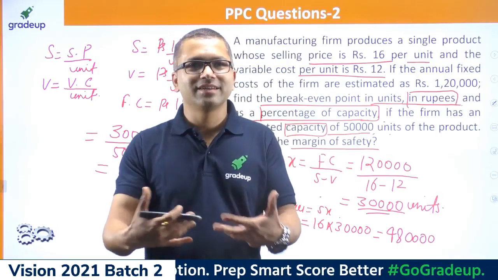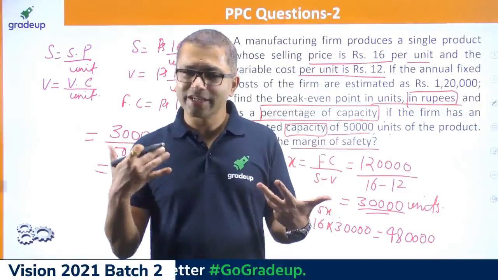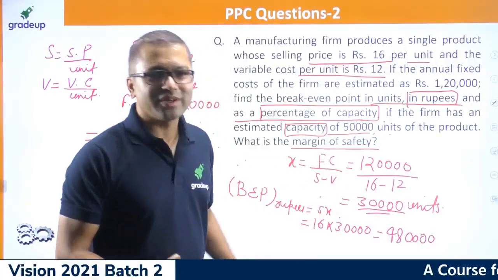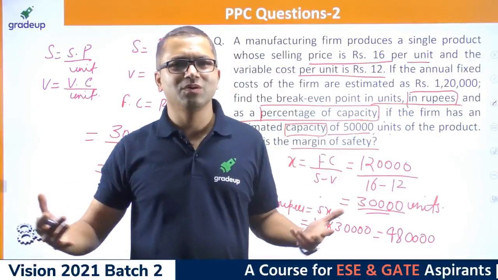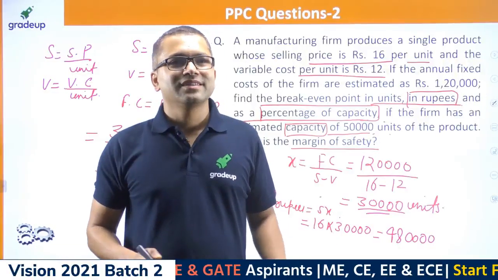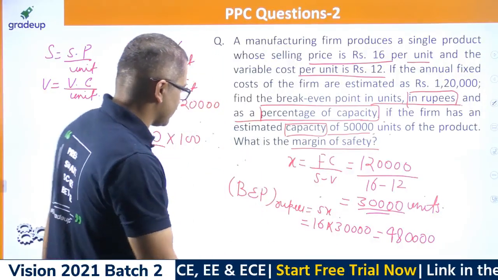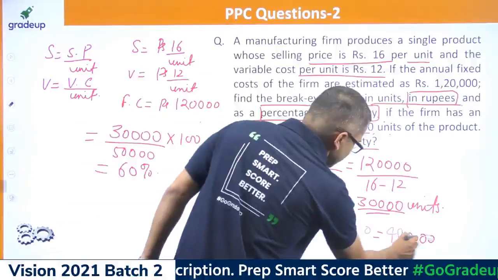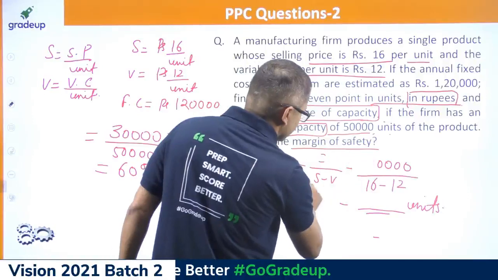Because my job is to make you think. My job is not to write down questions over here and make you understand. So in context of inventory, in context of break-even analysis, what should be the margin of safety?